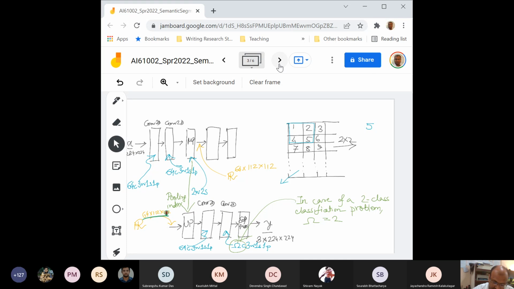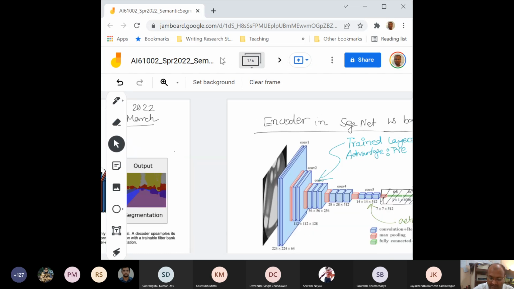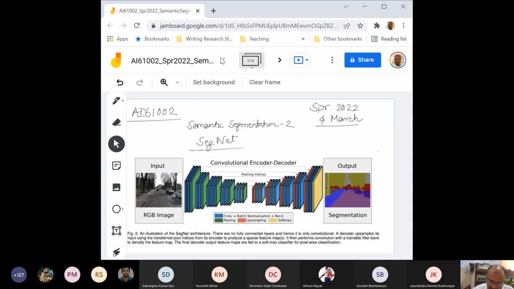Now this unpooling operation, which I am calling unpooling over here, is the same as the upsampling operation, which is written over here in red. In order to carry out this upsampling through the whole process of unpooling, you will also need access to the pooling indices.